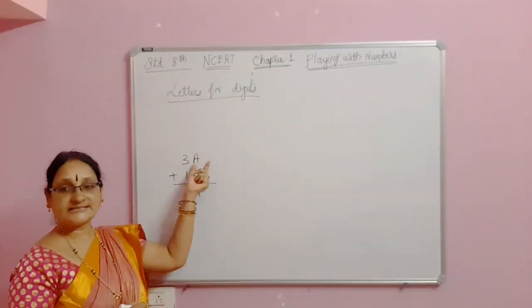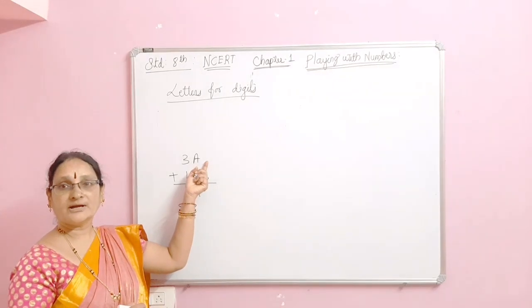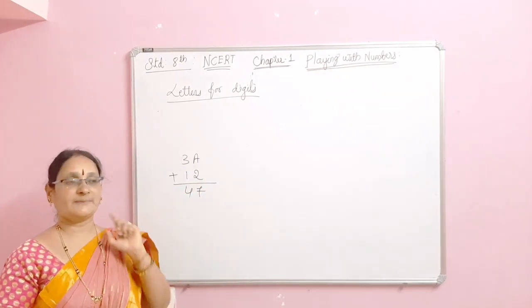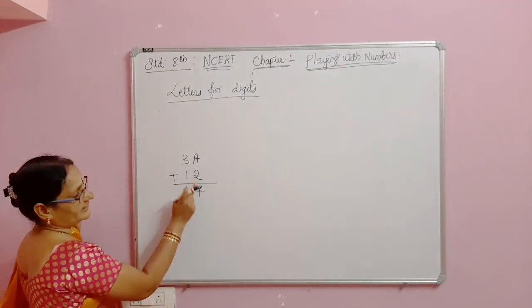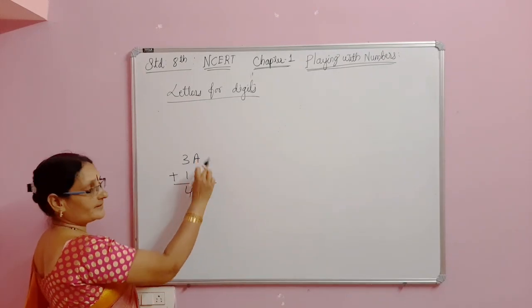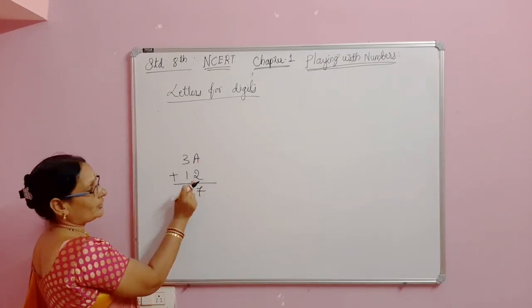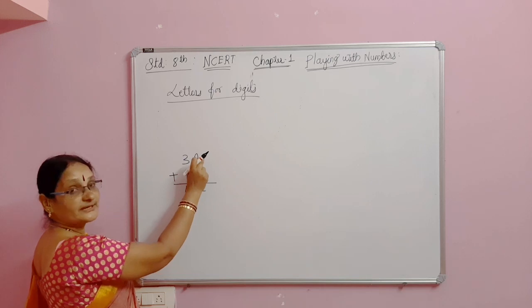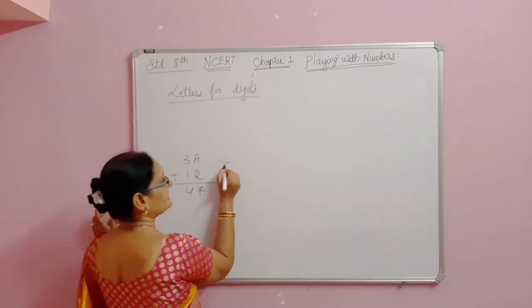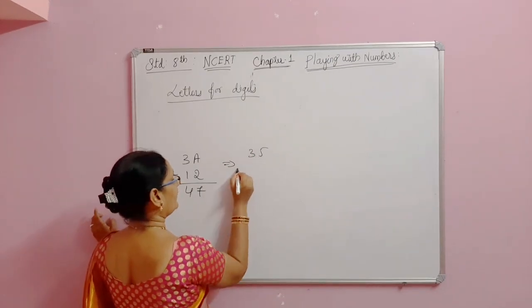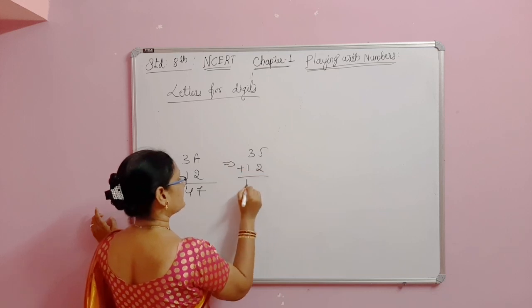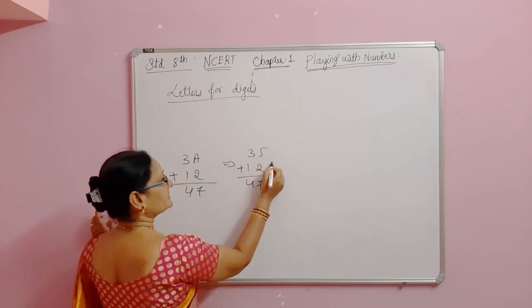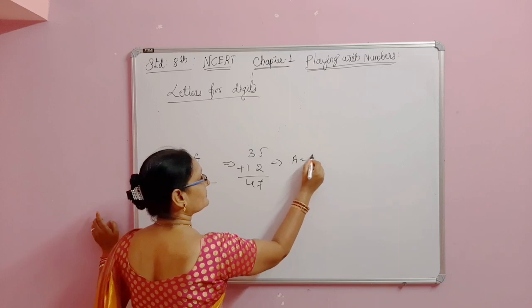This type of digit can be found with the help of either addition or multiplication. When we add these two numbers, we have to get 7. Here 2 is already there, so what number must be here? 5. So this implies that 35 plus 12 is 47, that is, A is equal to 5.